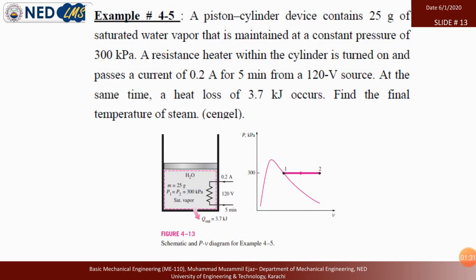Now from this example you get an idea of how steam is utilized in a power generation cycle. It is not only utilized in the power generation cycle, but it is also used in many industries for processes. Like we have a 60 ton boiler, 60 tons per hour of steam generation in General Tire, and it is not used for power, it is used for heating or curing the tire.